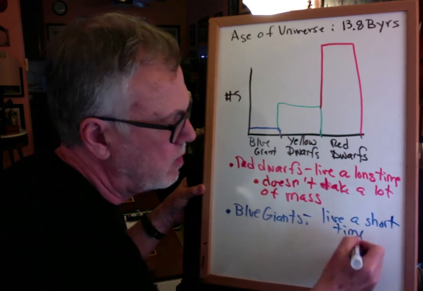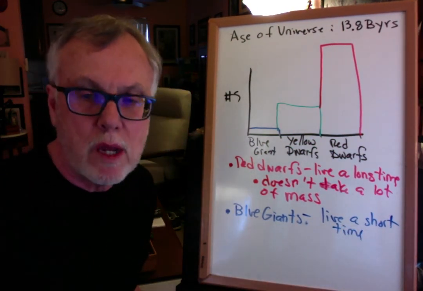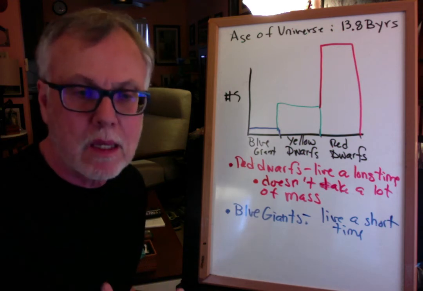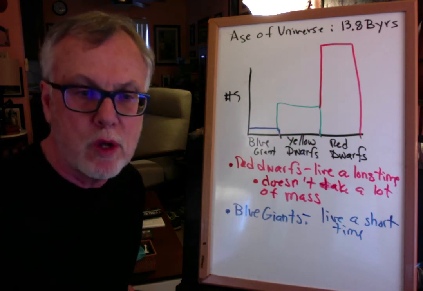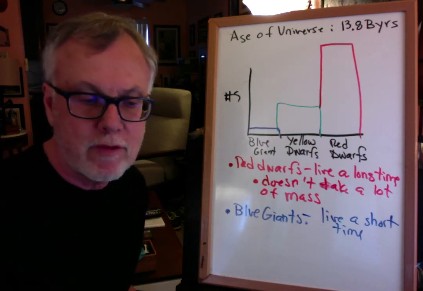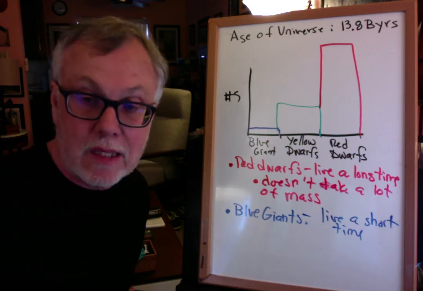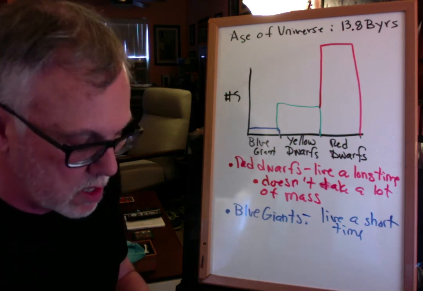So because they only live tens of millions of years, many generations of these stars have come and gone. They die in the most cataclysmic explosion that you can see in nature called a supernova, a type 2 supernova. We'll talk about that next unit. So they don't last that long, and so they don't add up in numbers. They go away.